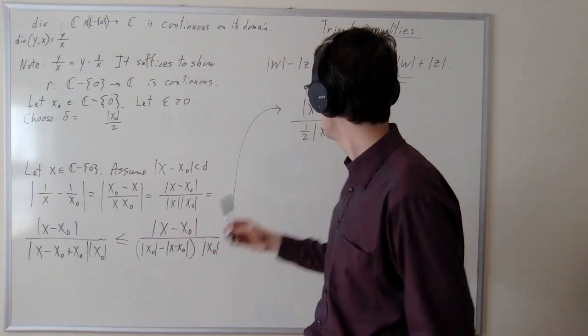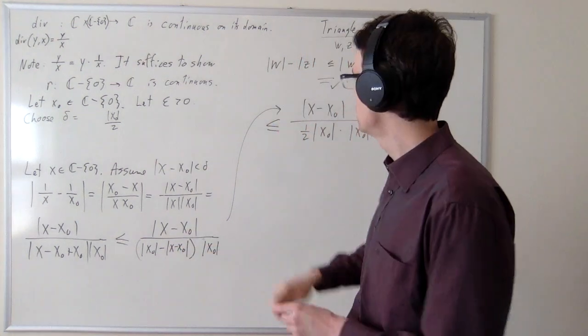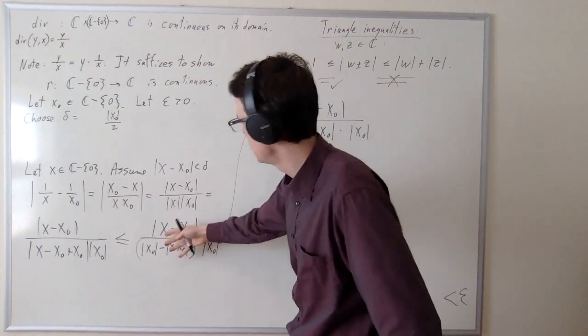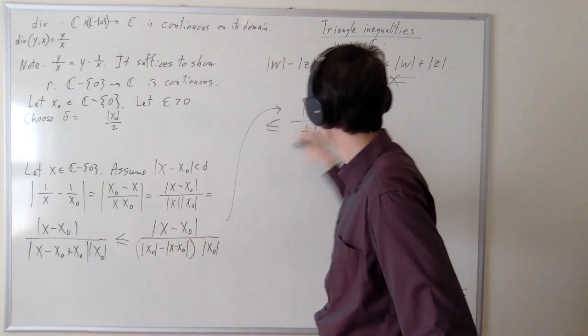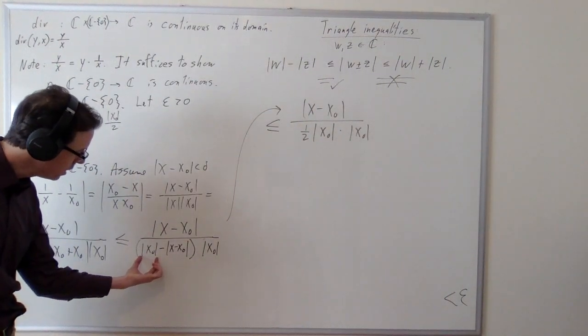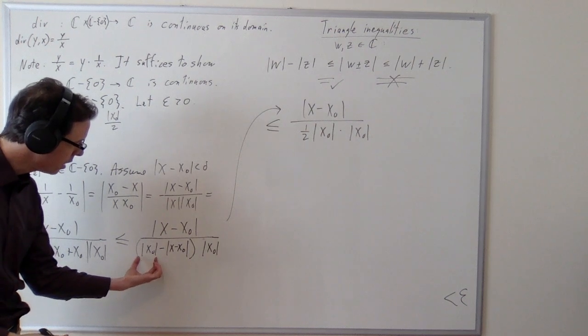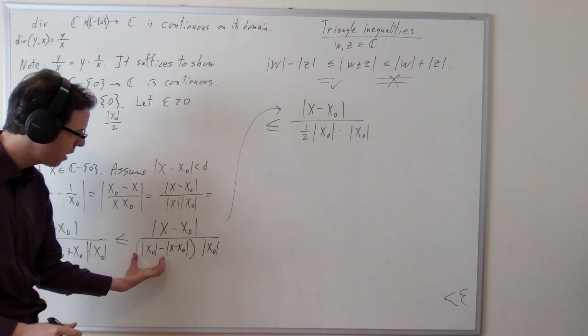So let's see whether I've got my inequality correct. I need it to be this way. This inequality allows the thing to grow. If I'm allowing it to grow, then I'm allowing the denominator to shrink, right? This thing here is at least double that, so I've subtracted at most half of that.